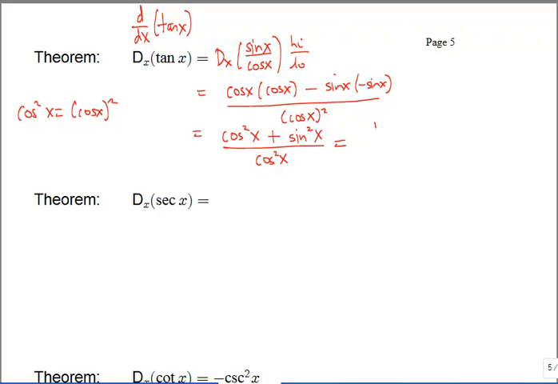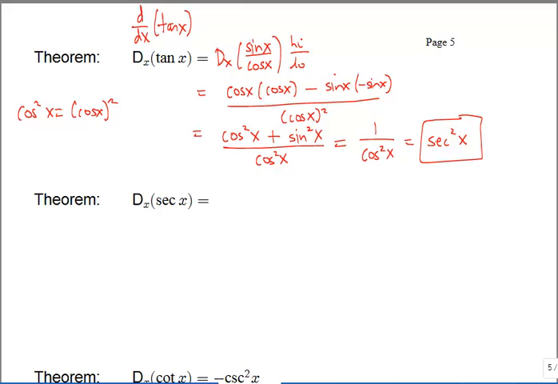So one of our identities tells us that that numerator just becomes a 1. And another identity that we have is 1 over cosine is the same as secant, because secant is the reciprocal of cosine. So 1 over cosine squared will just be secant squared. So the derivative of tangent turns out to be secant squared x.